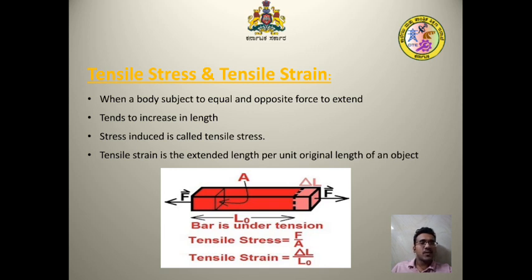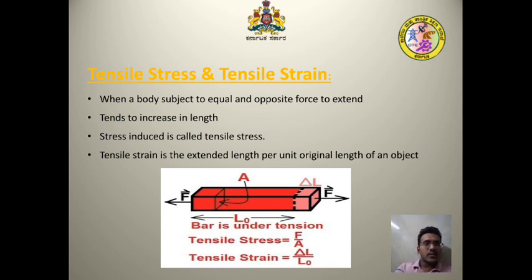In this, what happens, the tensile forces are applied on both the ends of a body with equal forces. Once the body is subjected to the equal and opposite force, there will be a tendency of increase in its length.